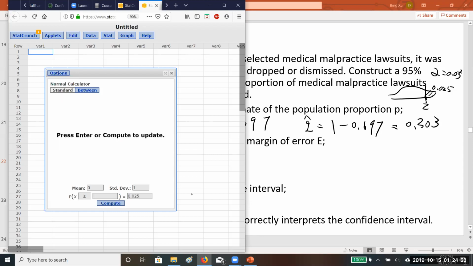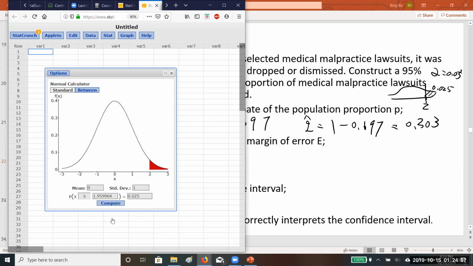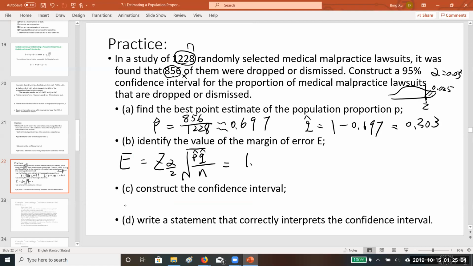Do the calculation. It's 1.95 or 1.96. That is that value, 1.96.